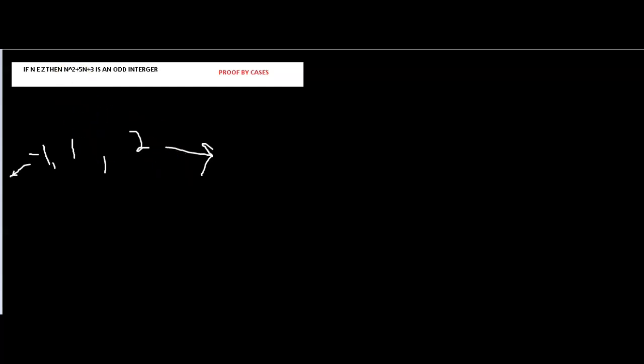So that's basically proof by cases, when you need to state two cases in order to do the proof. So firstly, we write proof. Now they're telling you if n is an element of integers. So let's say the first thing we do is even, then we'll do odd.